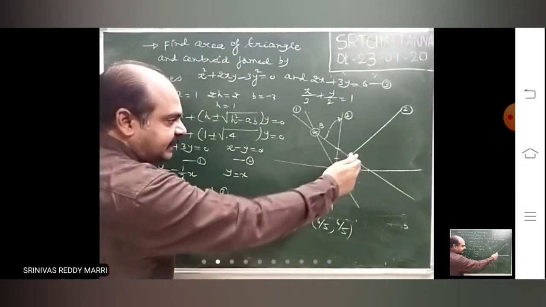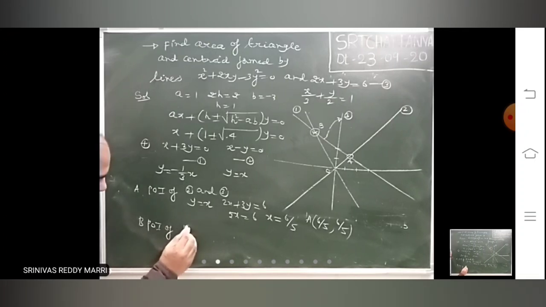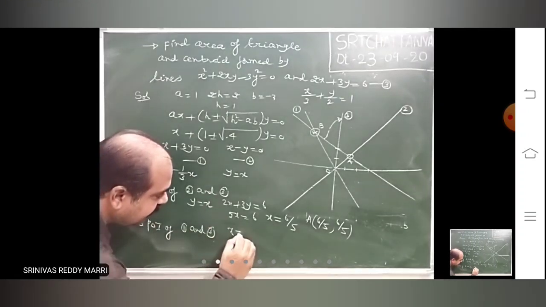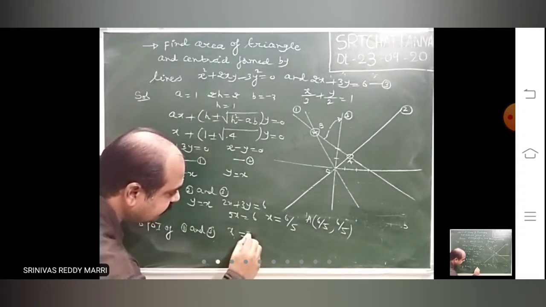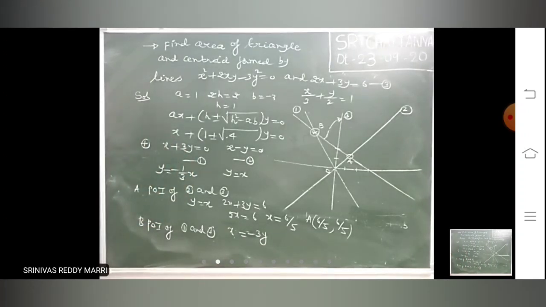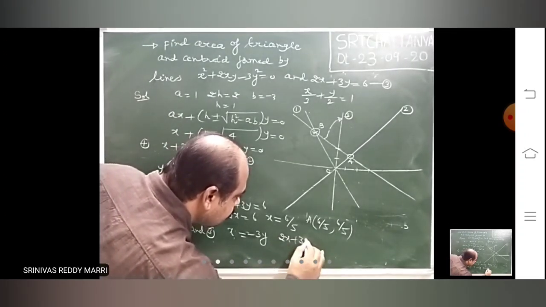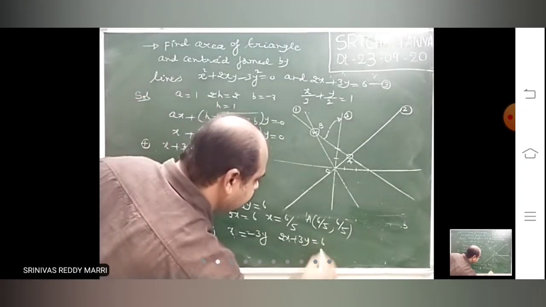So you got one vertex here, and then B is nothing but the point of intersection of the first line and the third line. The first line is x is minus 3y, and 2x plus 3y equal to 6.